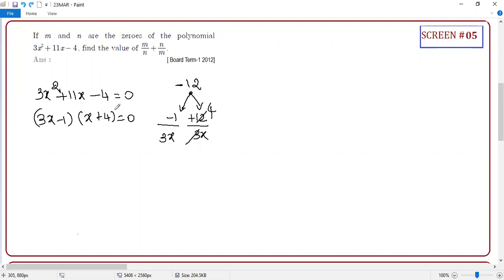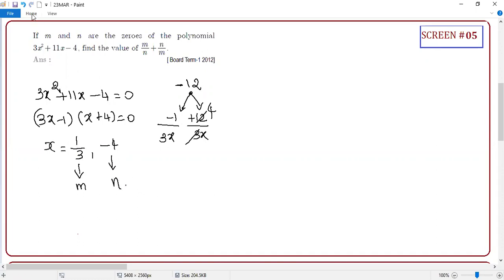So this step will save your time like anything. Now tell me, what is x? 1 upon 3, minus 4. Minus 4 only, right? So this is your m, this is your n, right?